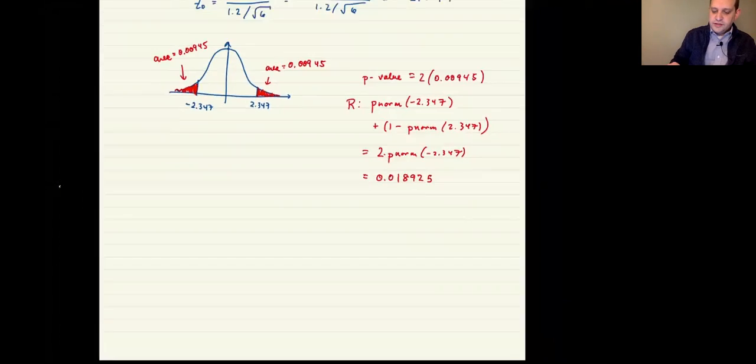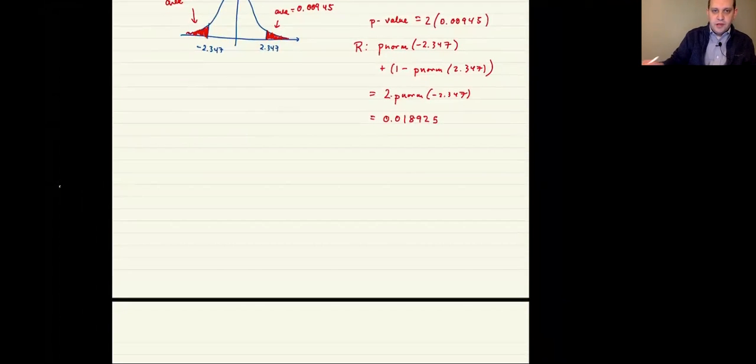Now, let's do one more p-value problem. Let's look at the p-value for another data set. Suppose we want to run another data set, and we're going to work with the data.